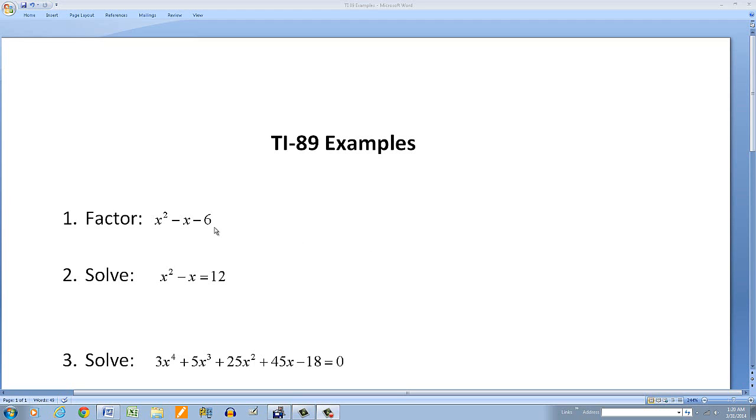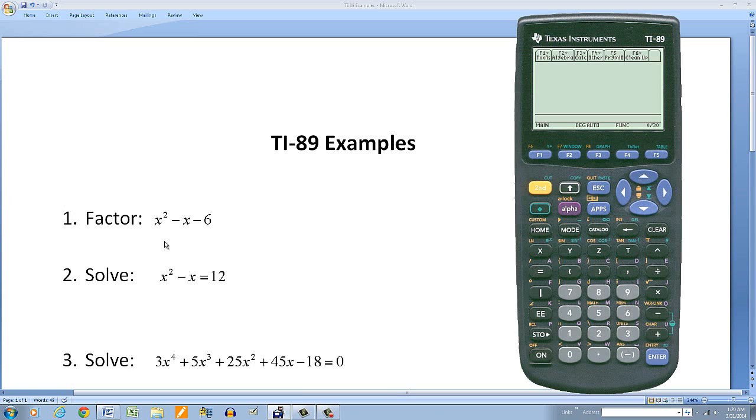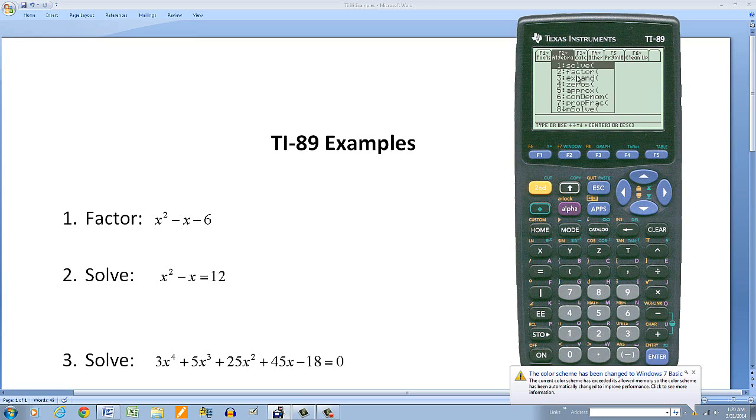So, the first one, factor. Looking at the calculator, go into F2, and I want factor, so I'll hit 2.